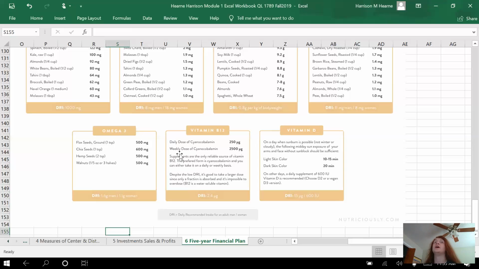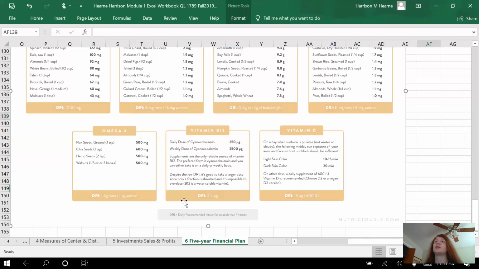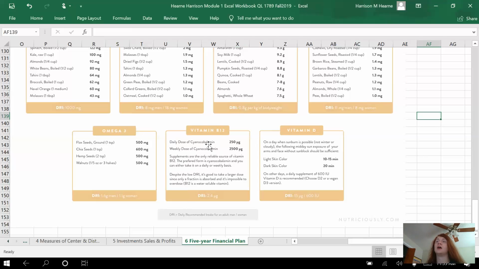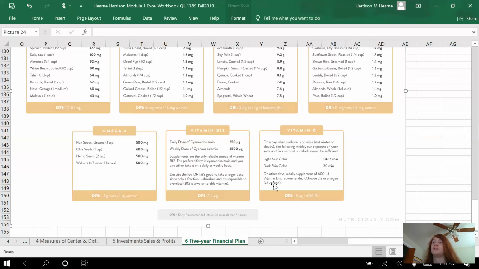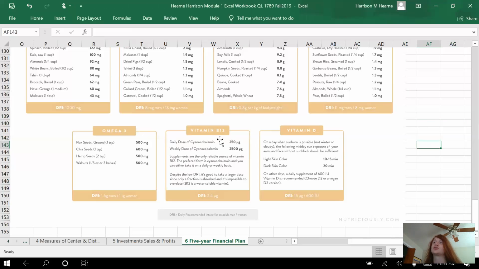Now, in today's age of industrial farming, more and more people, including omnivores, are vitamin B12 deficient because there's less and less vitamin B12 to be found in factory farmed meat. So it's actually recommended for everyone to make sure that their vitamin B12 levels are good and in check, and to supplement if needed.